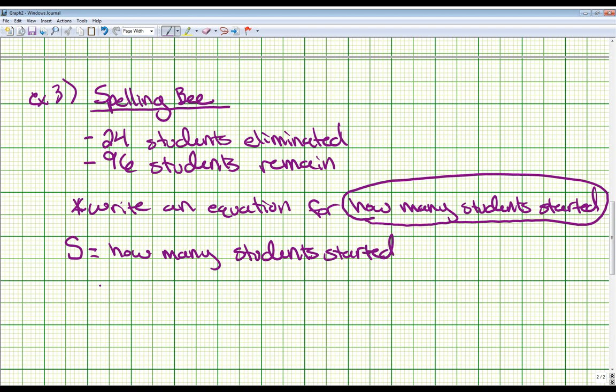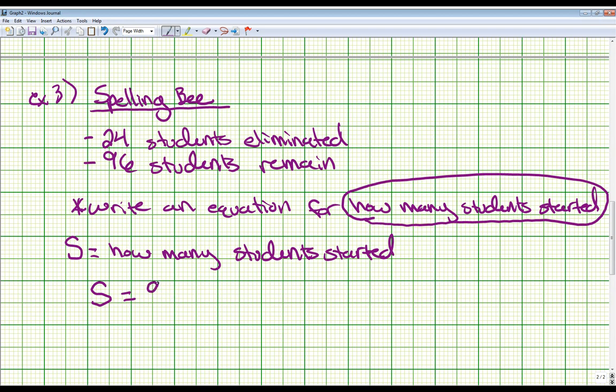So if that's what we're trying to find, just like our last example, we're going to start with the S. So how many students started? We're going to now use something with our 24, and we're going to do something with the 96 to figure out how many started. It said that 24 students were eliminated and 96 students remain.